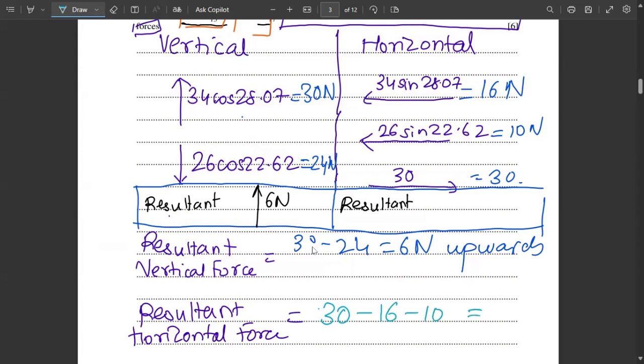So which is 30 minus 26, which is 4 Newton. So that means we took right as positive and we got a positive answer. That means the direction will be right. So 4 Newton to the right.